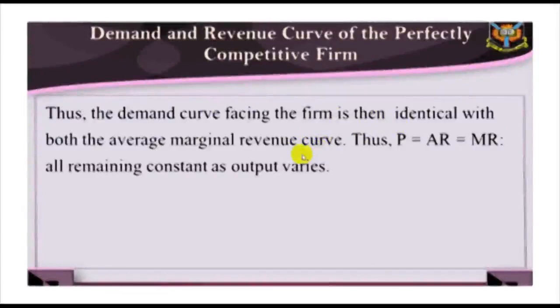But this amount is also his average revenue. Thus, the demand curve facing the firm is identical with both the average and marginal revenue curves. Thus, P equals AR equals MR, all remaining constant as output varies.